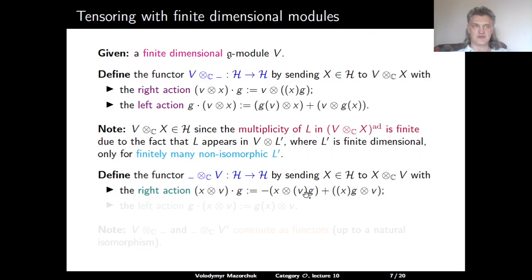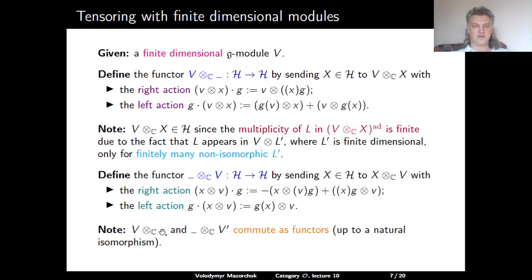To be able to consider it as a right G module, we need to apply the canonical anti-involution, which sends g to minus g. And then the left action of G on the tensor product is given by the action on X. Directly from the definition, it follows that for two finite dimensional G modules V and V', tensoring Harish-Chandra bimodules on the left with V and on the right with V' commute as functors up to some natural isomorphism.